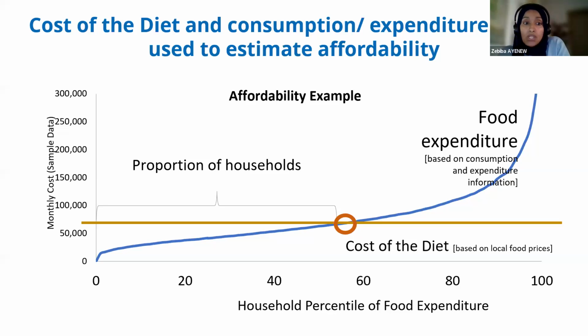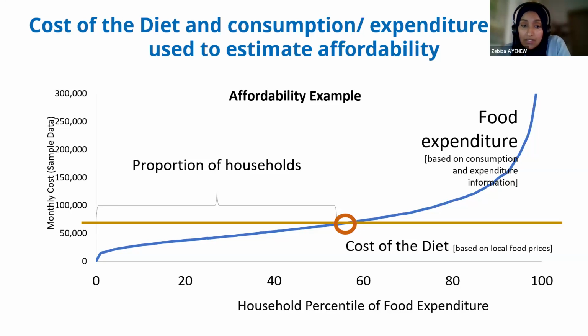So once we calculate the minimum cost of a nutritious diet, then we look at estimating the affordability, or non-affordability; they could be used interchangeably. This slide summarizes it: on the x-axis here are plotted percentiles of food expenditure of households.